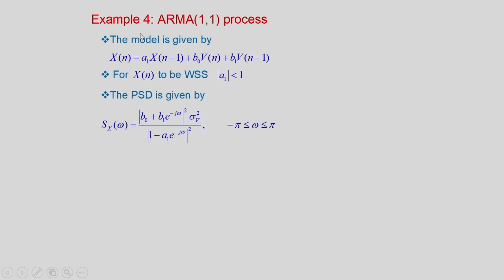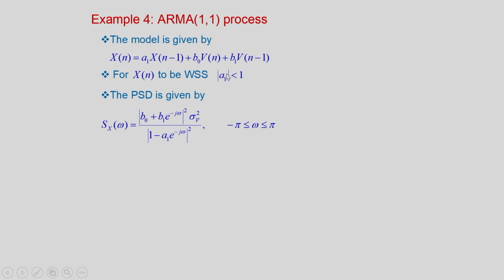We can consider one example. Suppose an ARMA(1,1) process, the model is given by x of n equals a1 x of n minus 1, that is the AR part, plus b0 into v of n plus b1 into v of n minus 1. Now, here the condition for wide-sense stationarity will be determined by the a1 parameter, like the AR(1) process.